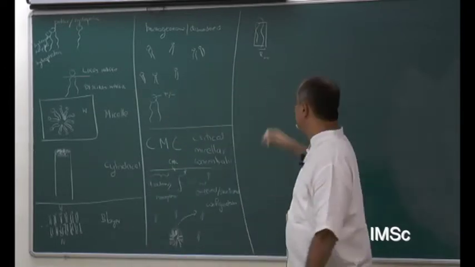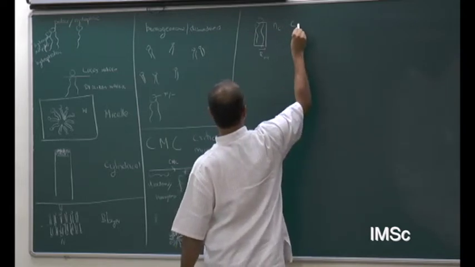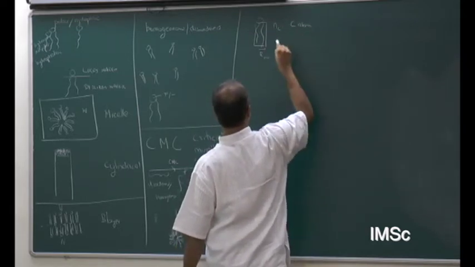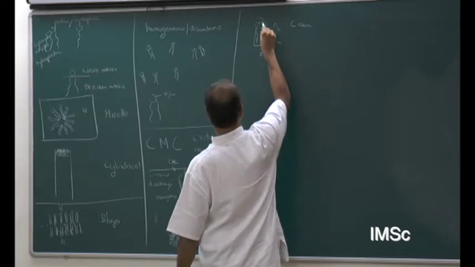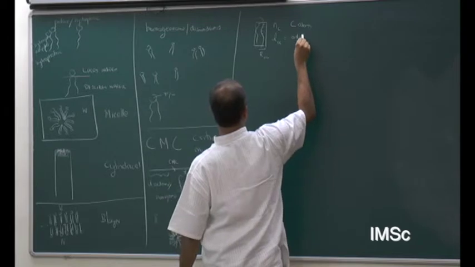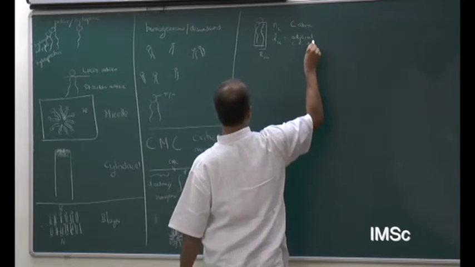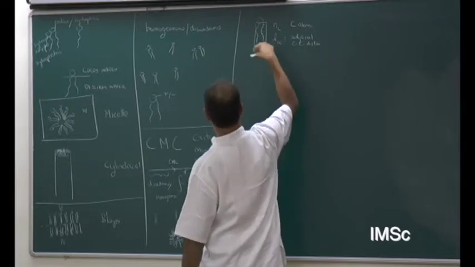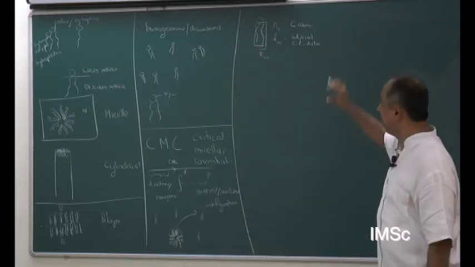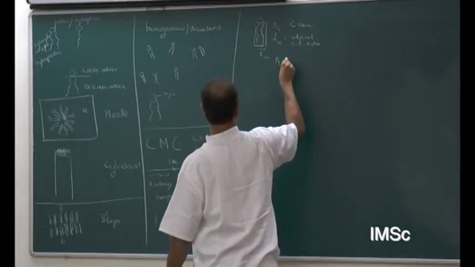It was made up of Nc carbon atoms, and Lcc was the distance between adjacent carbon atoms. So a measure of the length of this cylinder is Nc times Lcc.